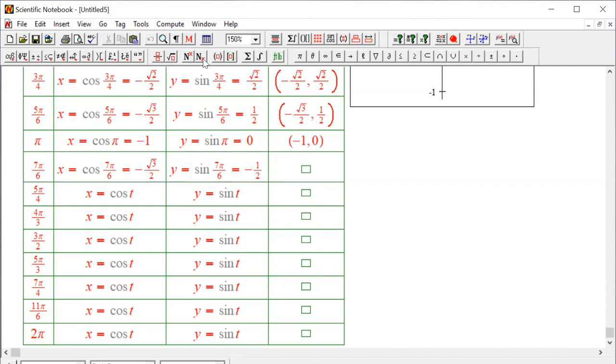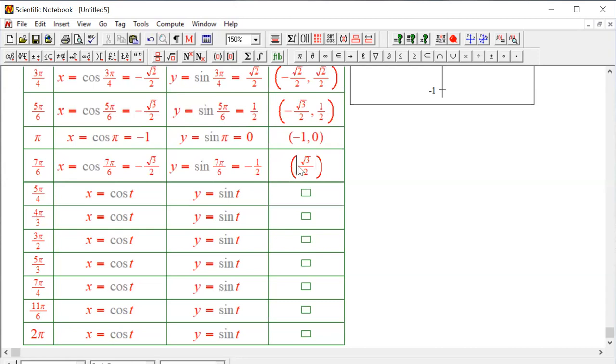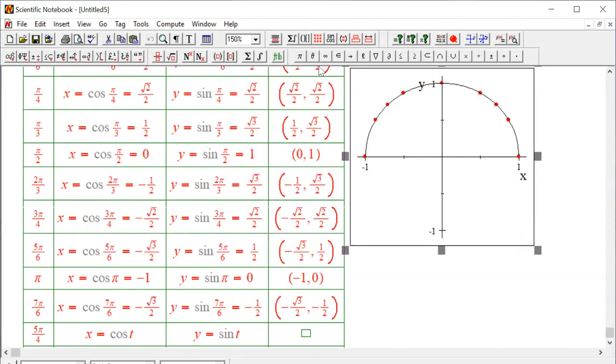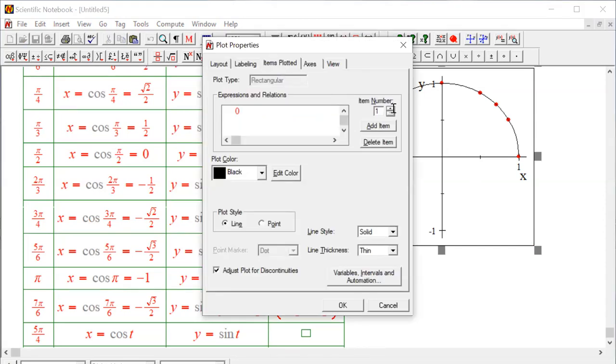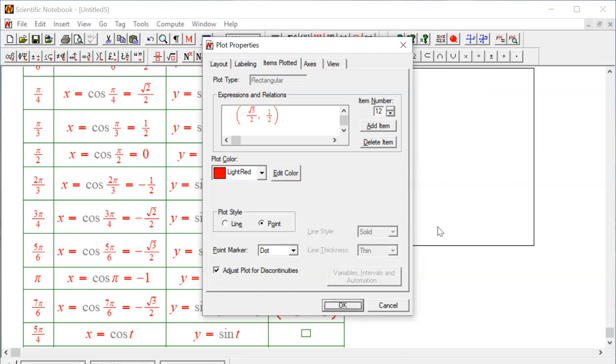So our point is going to be negative root 3 over 2, and the y value is -1/2. So we can put this point on the graph. Boom, right there.